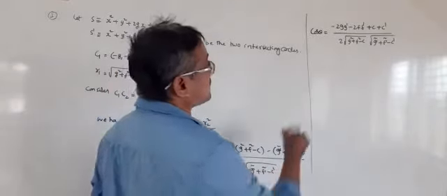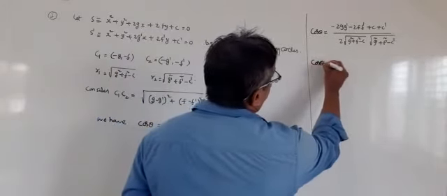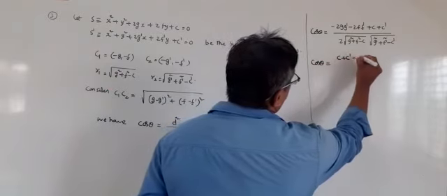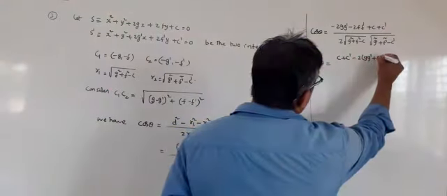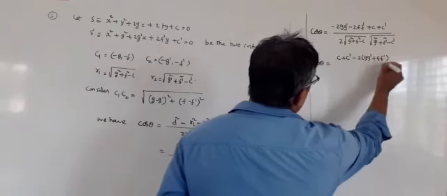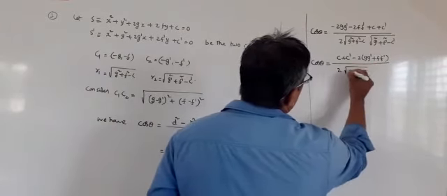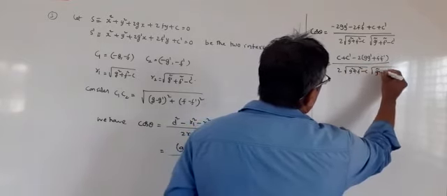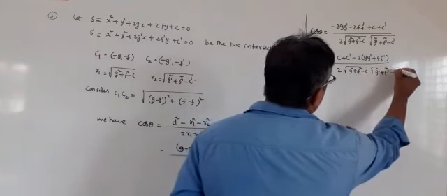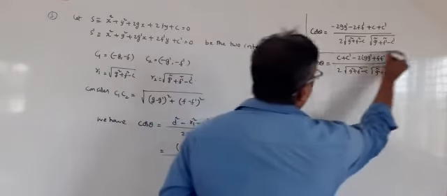Now this can be written as cos theta is equal to c plus c dash minus 2 into gg dash plus ff dash, by 2 root g square plus f square minus c root of g dash square plus f dash square minus c dash.